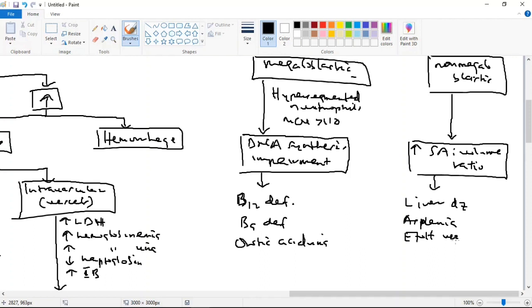From the salivary gland, which makes R binder, to the stomach, which makes acid and intrinsic factor from parietal cells, to the small intestine where pancreatic enzymes play a role, all the way to the terminal ileum where we have the receptors for the intrinsic factor B12 complex, which is where B12 is absorbed, and to the liver where B12 is usually stored in the body.